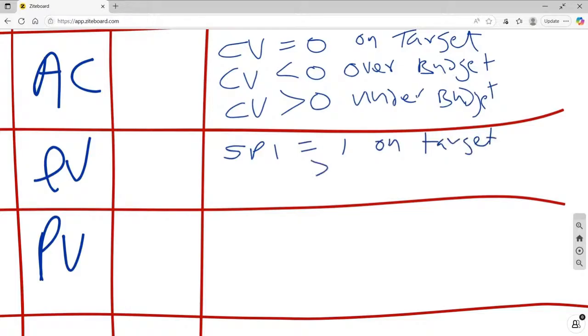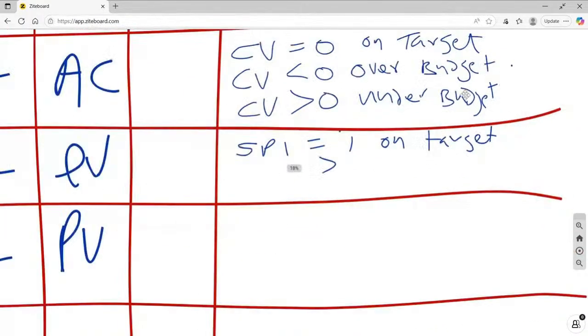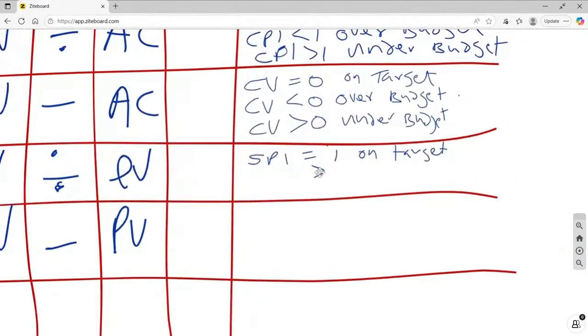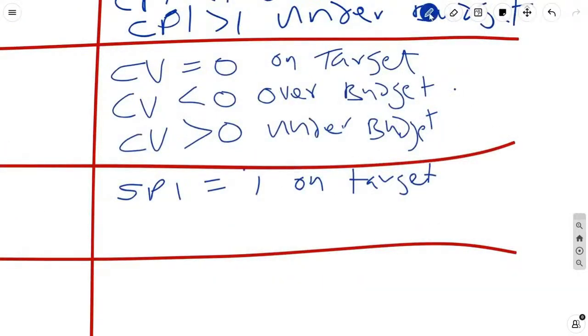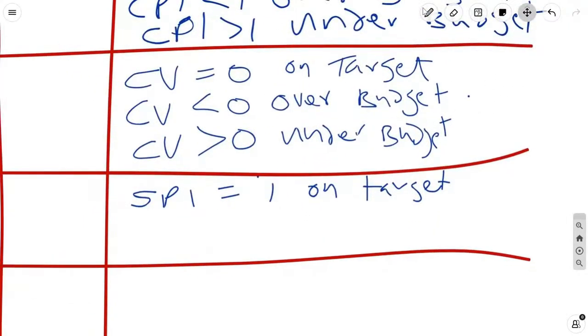Let's stick to the consistent order: less than 1 and then greater than 1.